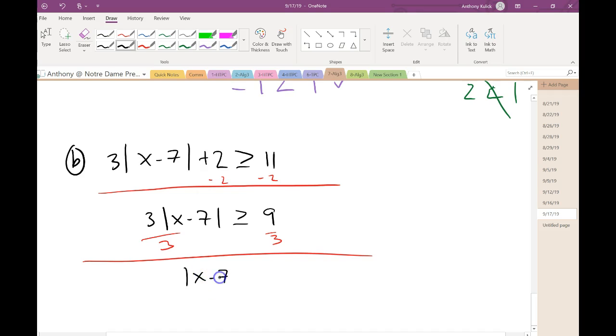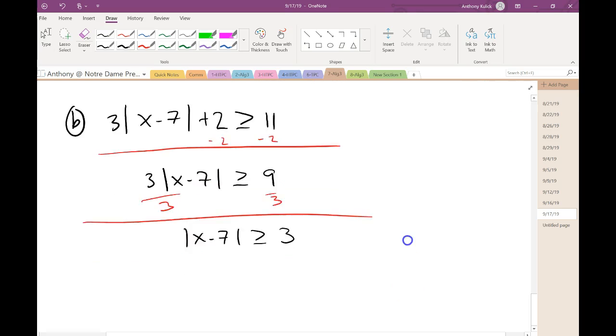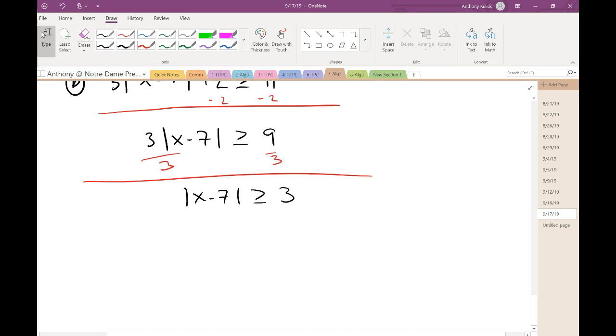Only if that 3 is a negative does the inequality symbol flip, and only during multiplication or division. When we multiply or divide both sides of an inequality by a negative, our inequality symbol would flip directions. Otherwise, it would remain the same. Everybody happy with that?